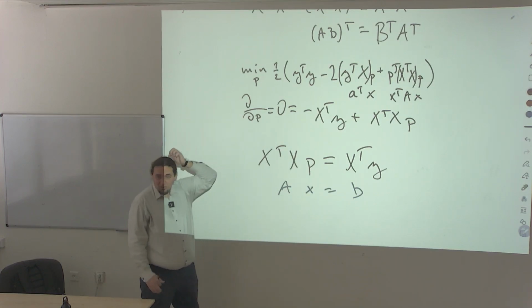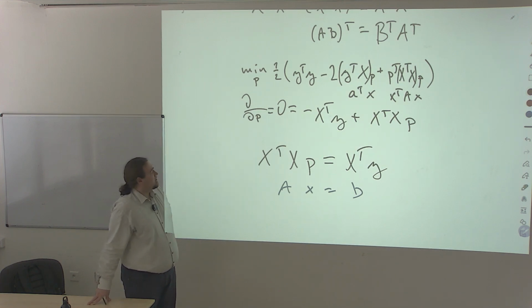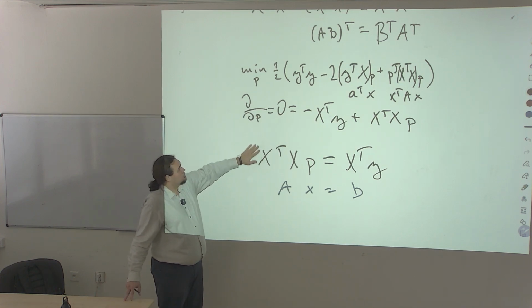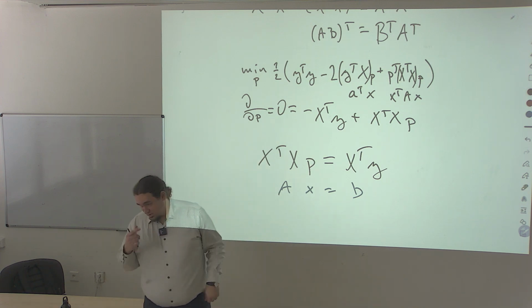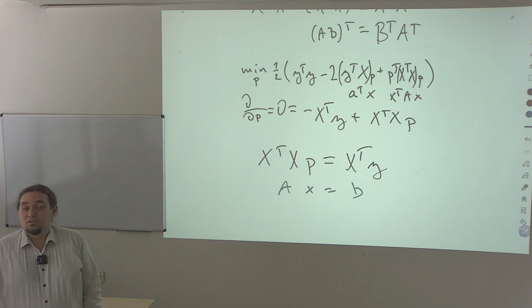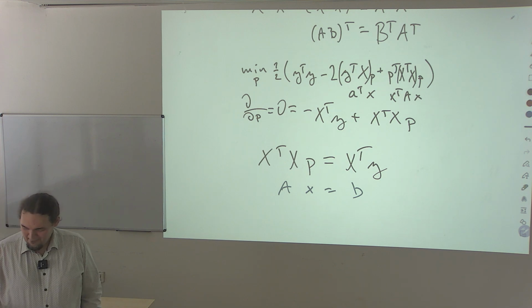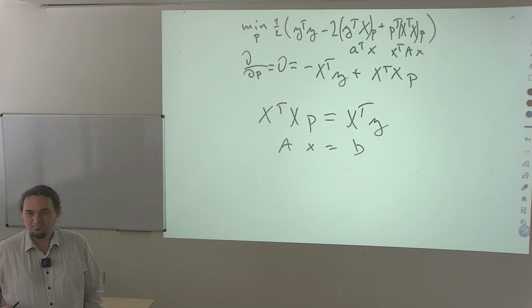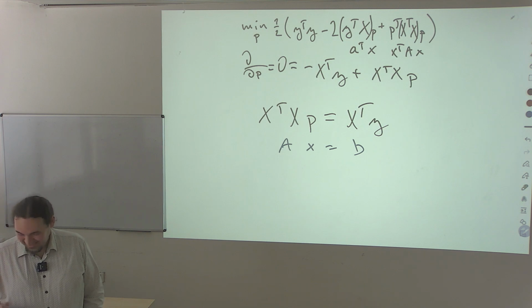I have some quadratic function in multidimensional space. I do the differentiation. Basically, Newton's formula is doing this. So how do we solve A times x is equal to b? Backslash in MATLAB, that's correct.